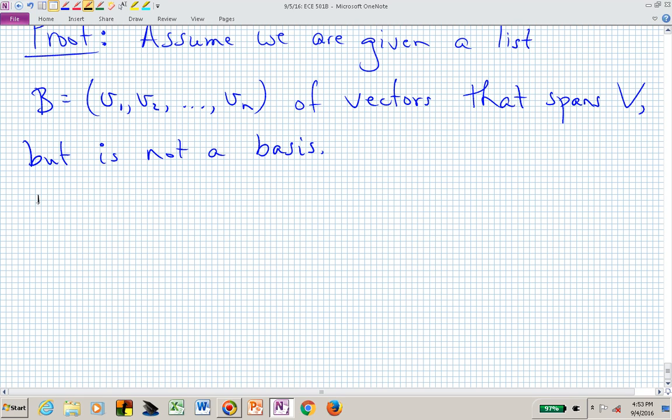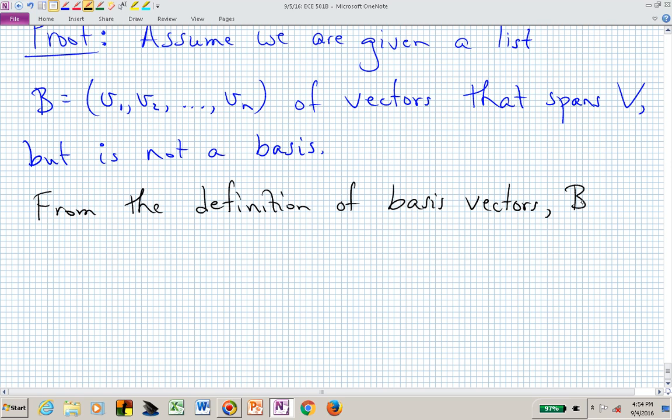And that now says from the definition of basis vectors that this particular list, B, must be a linearly dependent set of vectors.